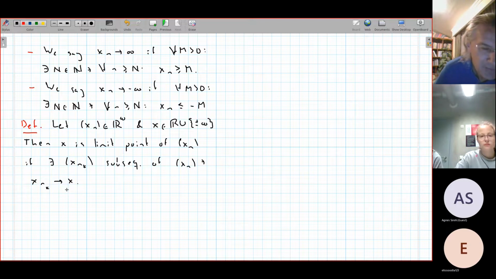Okay, as I said before, this is also something standard, probably you also remember it. So this is the definition of limit point for a sequence.